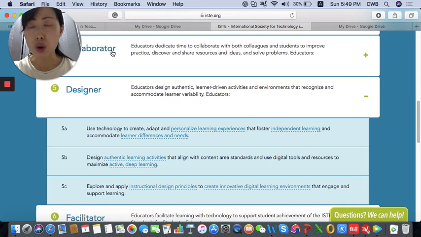And also in the student-led station, the independent learning is fostered that also meets up with the standard as a designer.